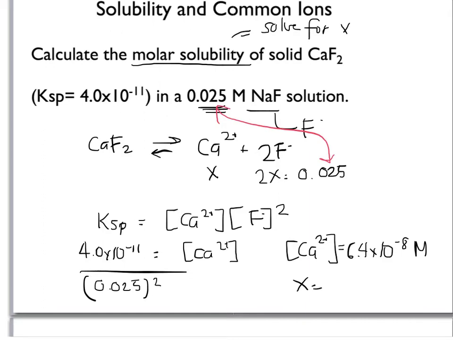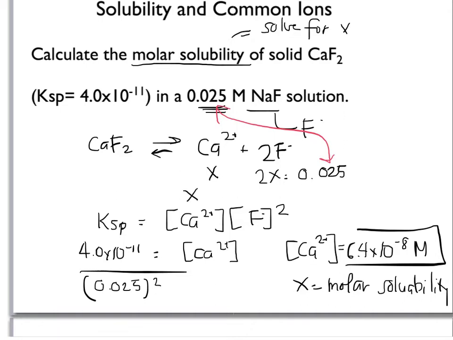X equals the molar solubility. You might be thinking, why? That's the concentration of calcium. Well, remember, this is X, and F is 2X. So we're just solving for X.